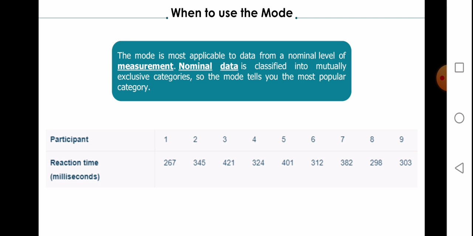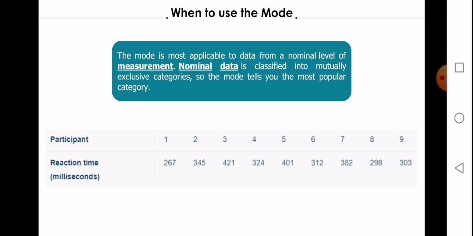For continuous variables or ratio levels of measurement, the mode may not be a helpful measure of central tendency. That's because there are many more possible values than there are in a nominal or ordinal level of measurement, so it's unlikely for a value to repeat in a ratio level of measurement.